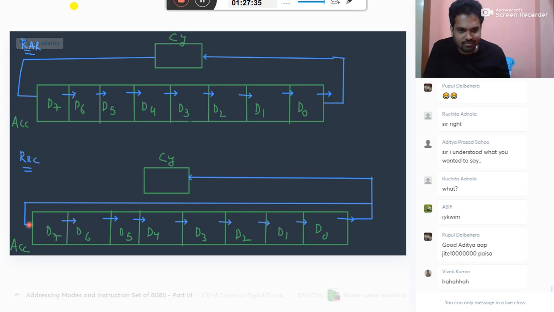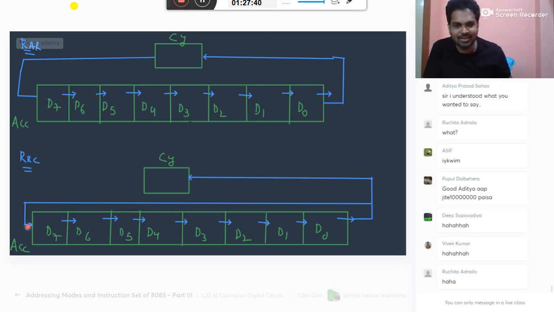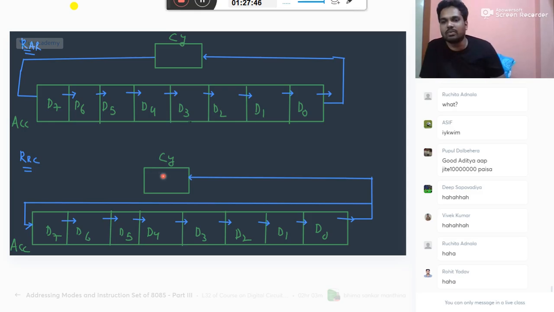Here it is 8-bit rotation. That is the difference. Here the carry comes in and this bit goes to carry. But here the last bit will come here and also into carry. Carry will be destroyed in both the cases.